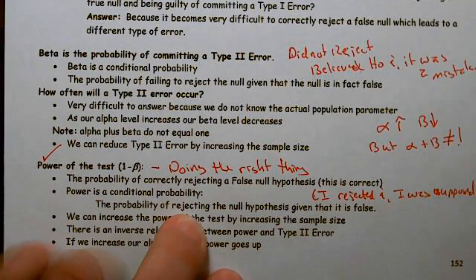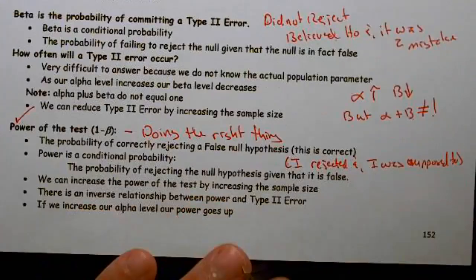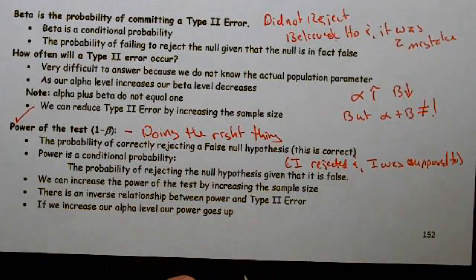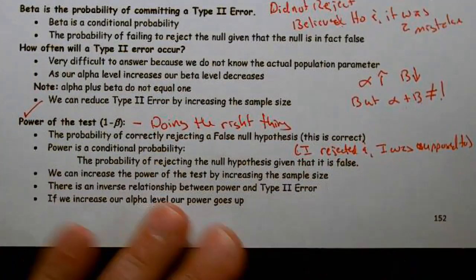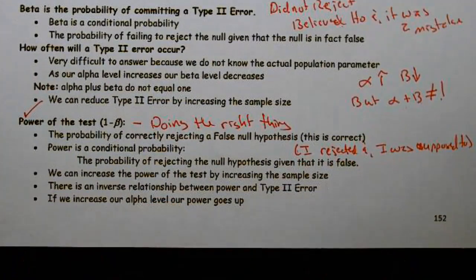In other words, power, we rejected the H0 and that was the right thing to do. All right, we rejected the H0 and it was the right thing. So power is correctly rejecting the H0.